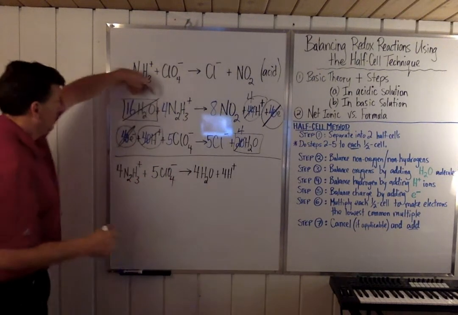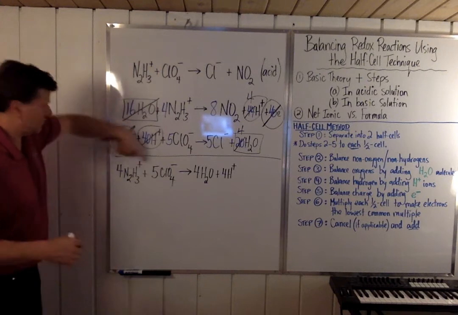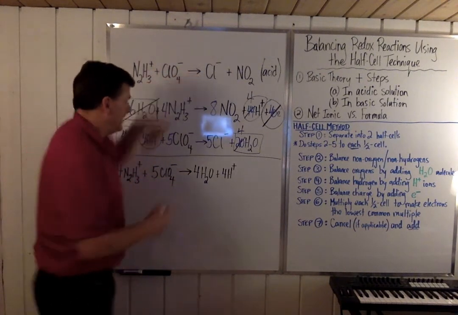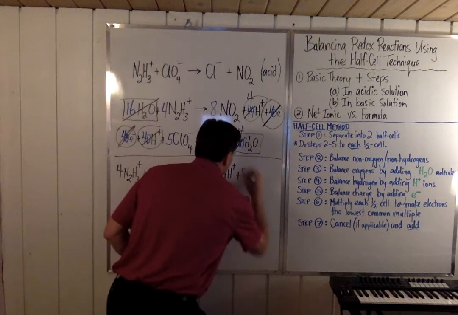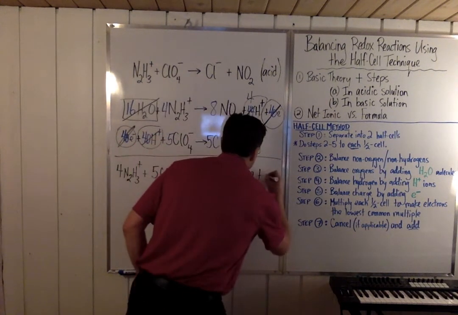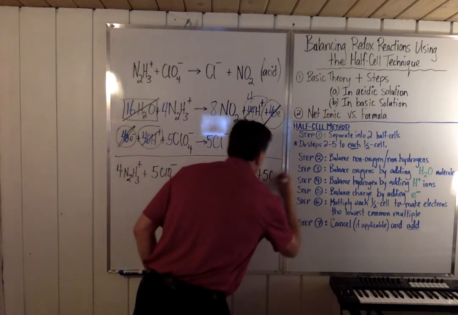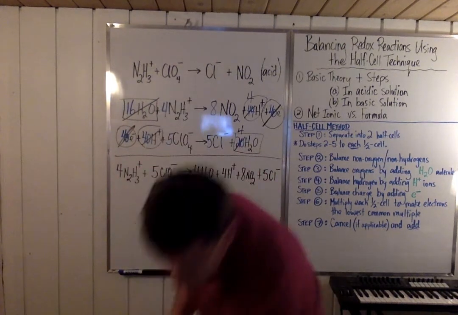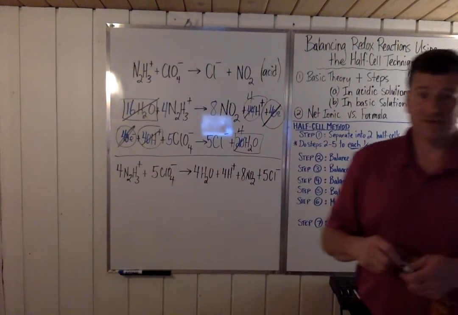Okay, so they're here and here, and they just come down here because they're not canceling with anything. And then over here, I'm left with the NO2s, 8 NO2s plus 5 Cl minuses. So there's your balanced overall reaction.